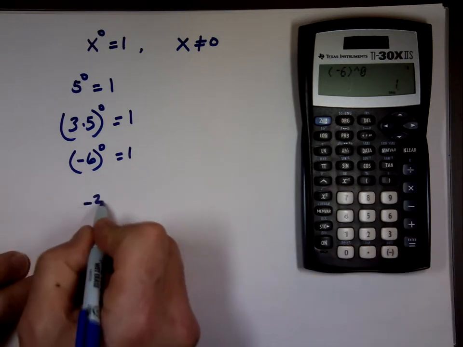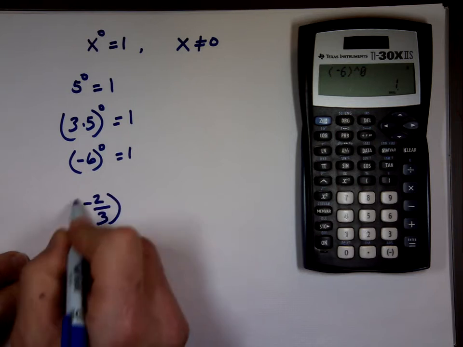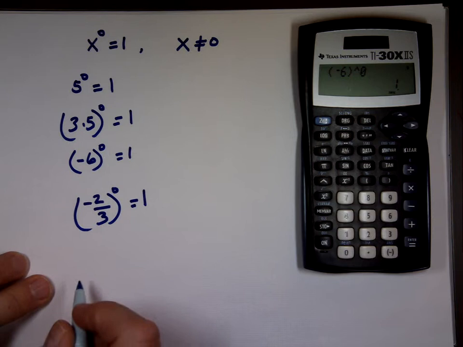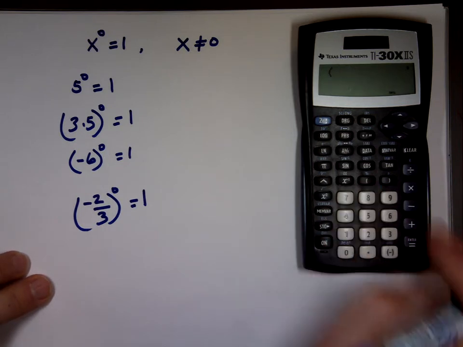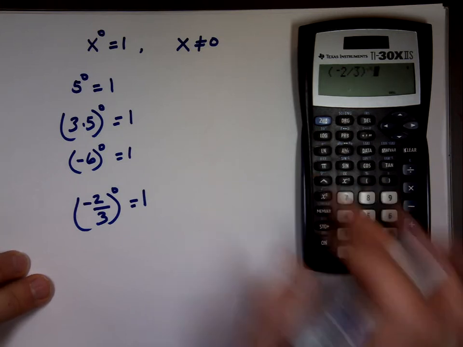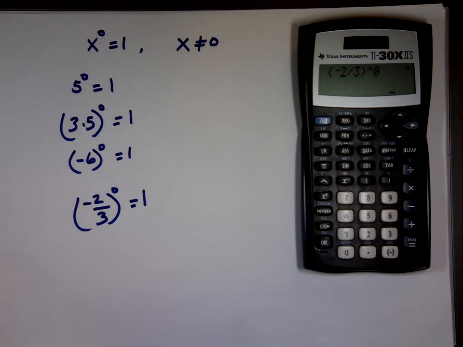Negative 2/3 to the 0 power. That should be a 1. Negative 2/3 to the power of 0. Let me hit the equal sign. 1.